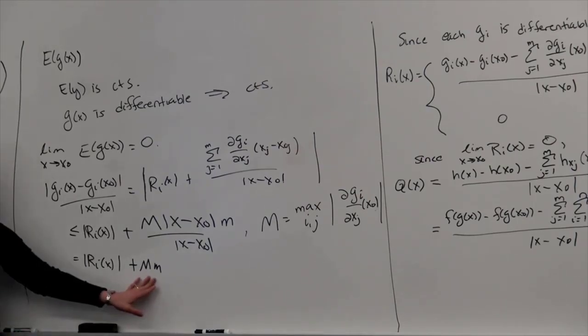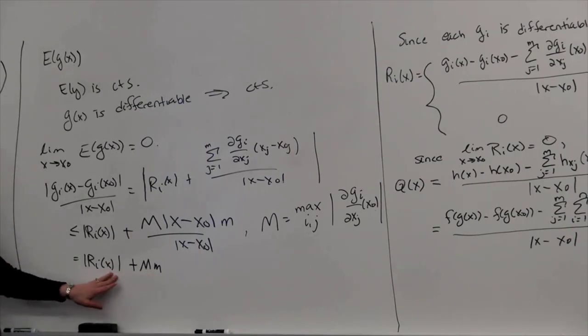So this certainly stays finite. Does this guy stay finite? It goes to 0, right? This limits to 0 as x goes to x naught. So what does that mean? That means that pick any epsilon you like, I can find a neighborhood, I can find a ball around x naught such that this function stays less than epsilon. Okay? And we're taking limits. We really only care what happens near x naught.